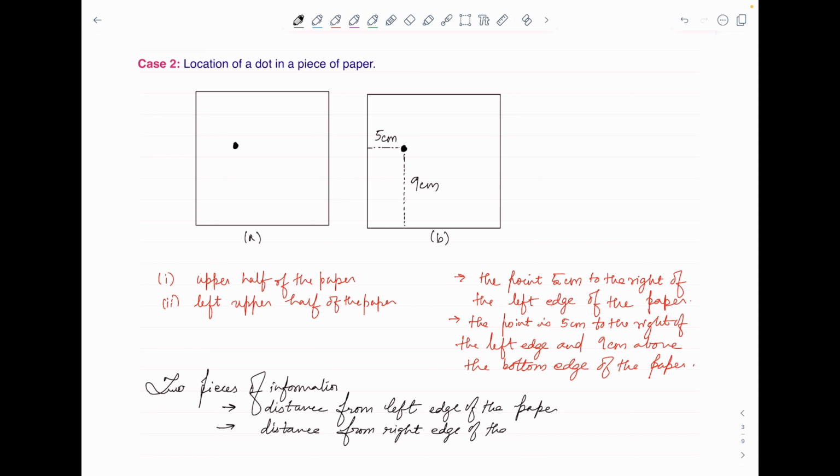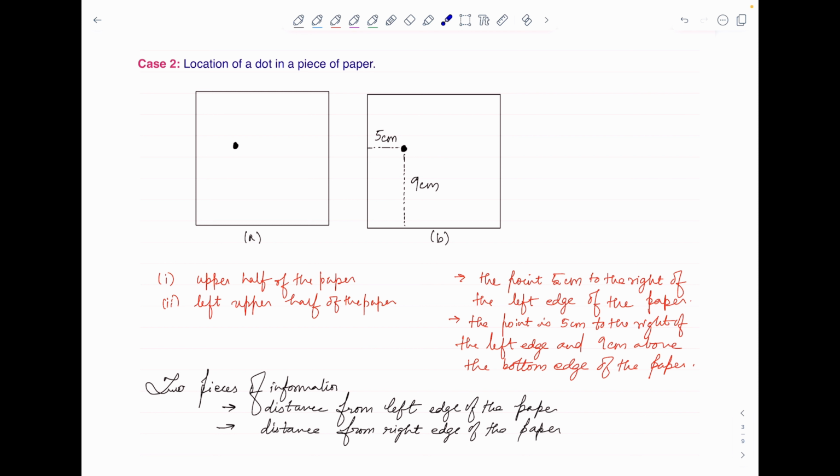Okay, so again I am saying that to find the location of this dot on a paper, I need these two pieces of information, that is distance from the left edge of the paper and distance from the bottom edge of the paper. Then again you could say, sir, I could find the distance from the right edge of the paper also.